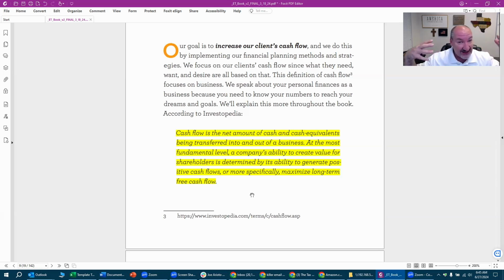Therefore, they are technically shareholders, just not in the company or the business documents. Creating value for shareholders is determined by its ability to generate positive cash flow, or more specifically, maximize long-term free cash flow. Now, this comes from Investopedia.